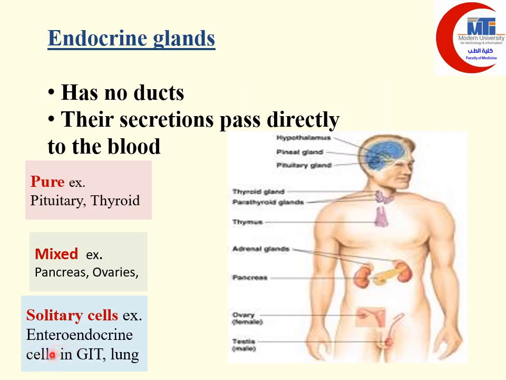So they are called enteroendocrine cells. These are called cells, not glands, as they are scattered between cells in the GIT and the lung. So again, endocrine glands means that these glands have no ducts and their secretion passes directly to the blood. There are pure glands, mixed glands, and solitary cells.